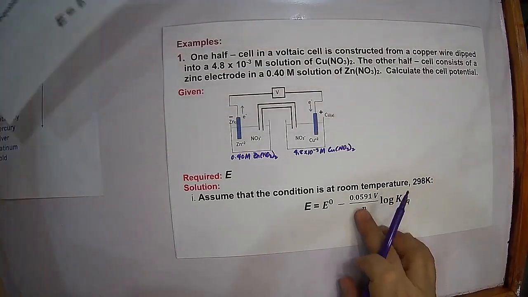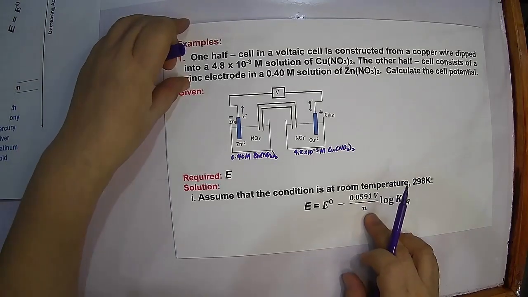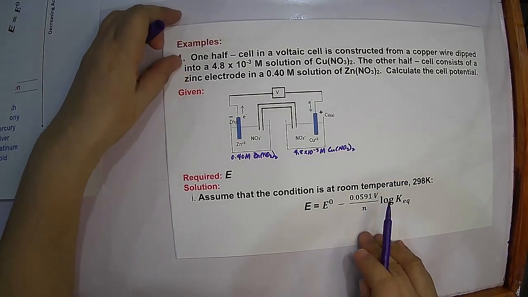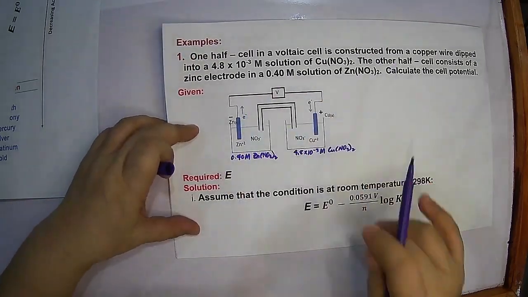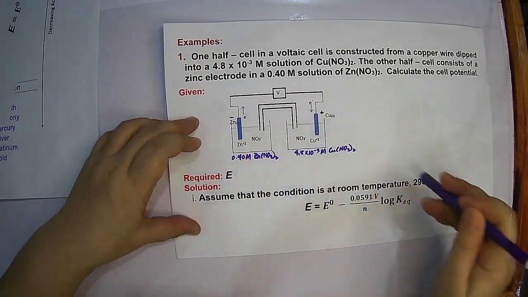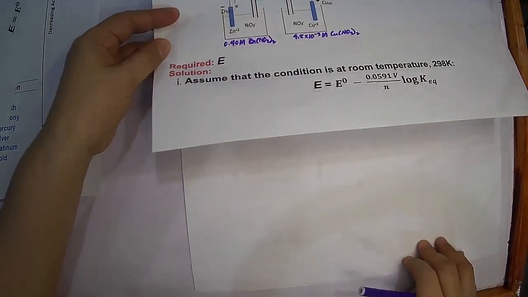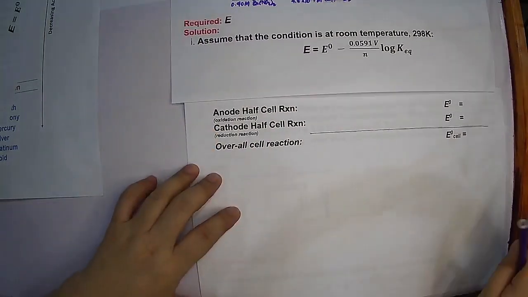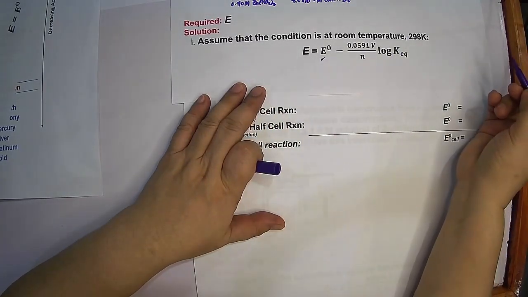We have here the factor 0.0591 volt over n, where n is the number of electrons transferred during the reaction for the cell.